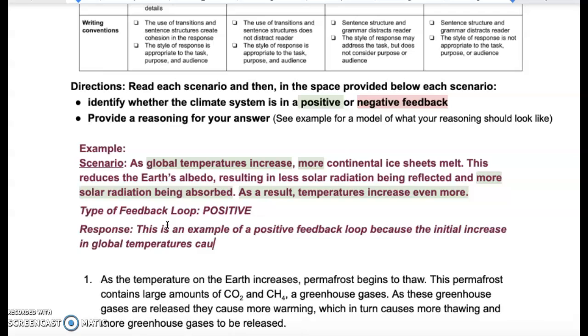Caused, or I can also say led to an increase in global temperatures. Let's just say further, like again, an even more increase in global temperatures.